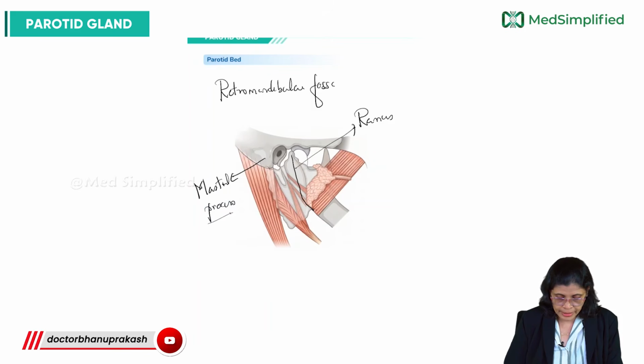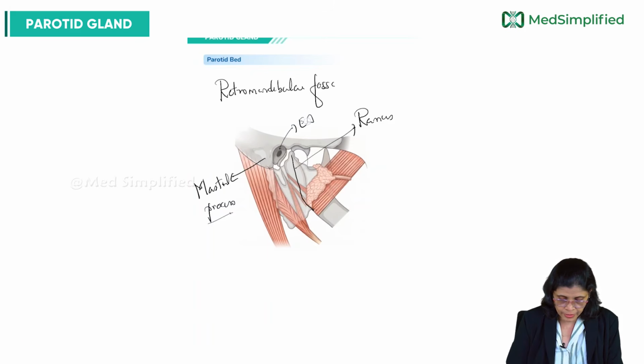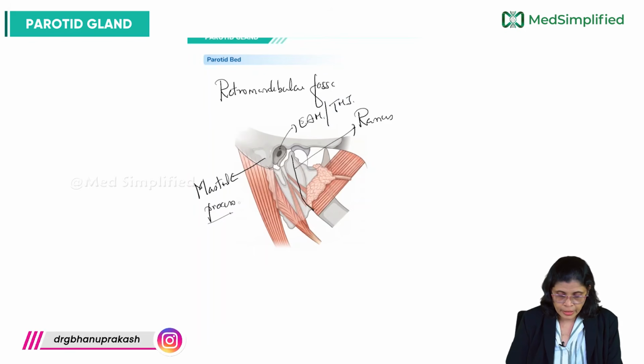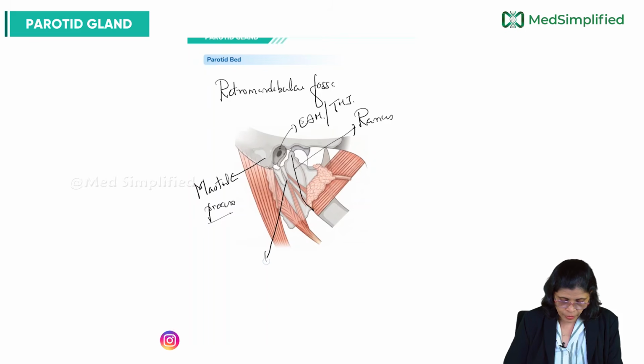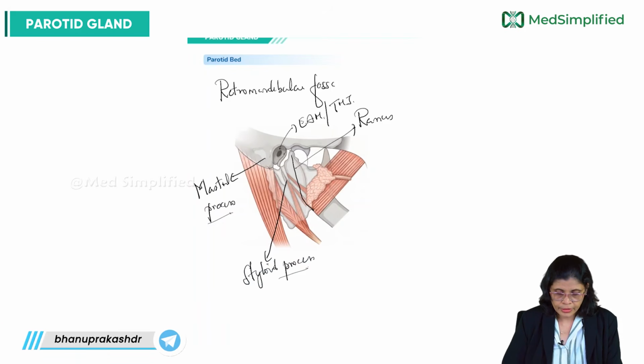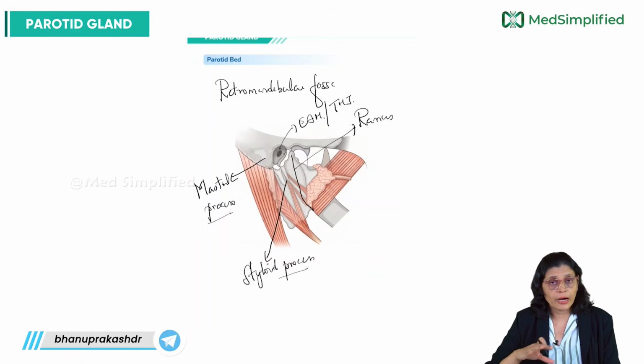Superiorly we have the external acoustic meatus and the posterior part of the temporomandibular joint. And medially there is the styloid process. So these are the boundaries of the parotid bed.